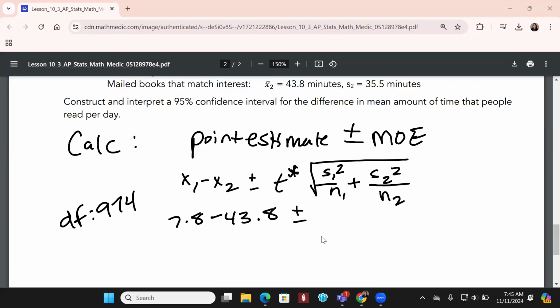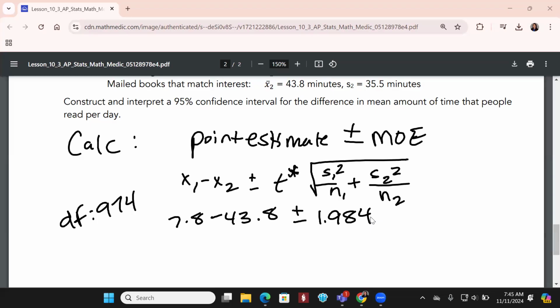We want a confidence interval of 95%. So we're going to go over, and you should have gotten a critical value of 1.984. Make sure that you can do that on your old table. So you would use the one that's below it. It would be 100, we would go over to 95% from the bottom.